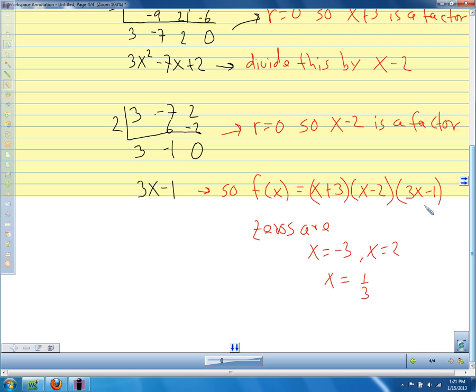So by finding the factors, by writing them all out, we figure out all the zeros, we figure out the intercepts, so we have some information about what the graph of this function looks like. I said 3x minus 1 equals 0. So I'm setting each of these parentheses equal to 0. So those are the zeros of our function.